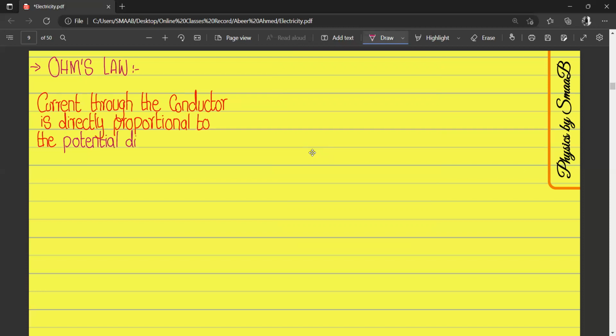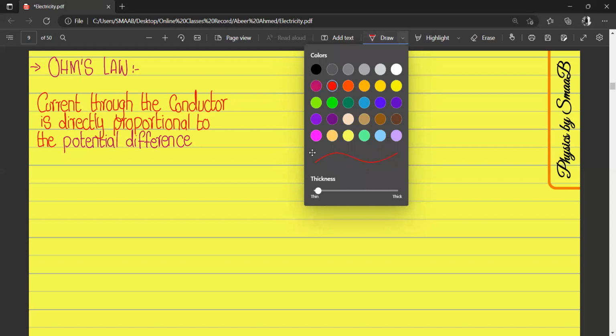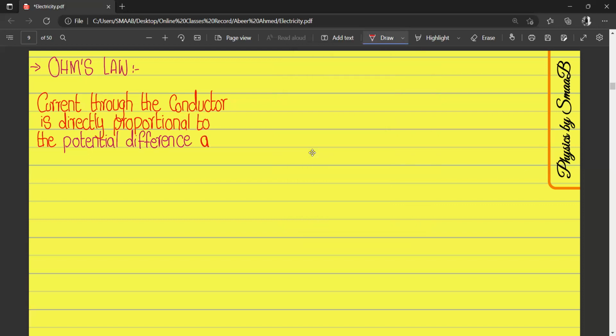So it's a very important law and a very important relation between current and voltage. It helps you to solve many problems or questions related to electric current. So it is directly proportional to the potential difference across the ends of the conductor.